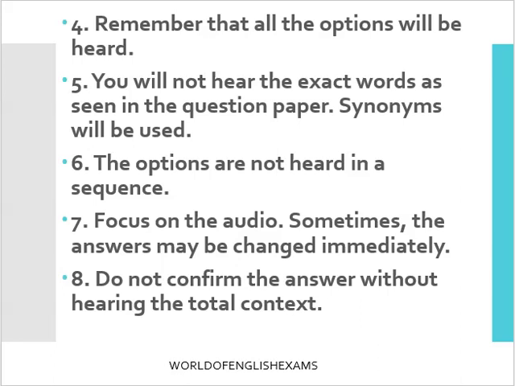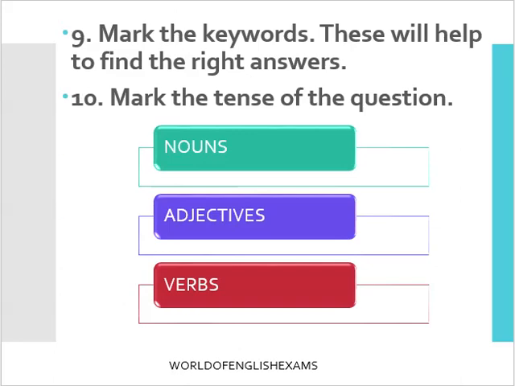Now let's look at the next strategy for cracking multiple choice. Mark the keywords. These will help to find the right answers. Along with the keywords, which are nouns, adjectives and verbs, these three parts of speech are often regarded as the most important parts of speech in the listening test.